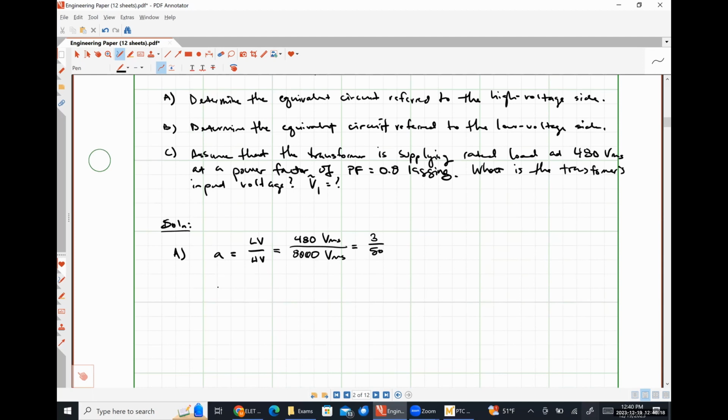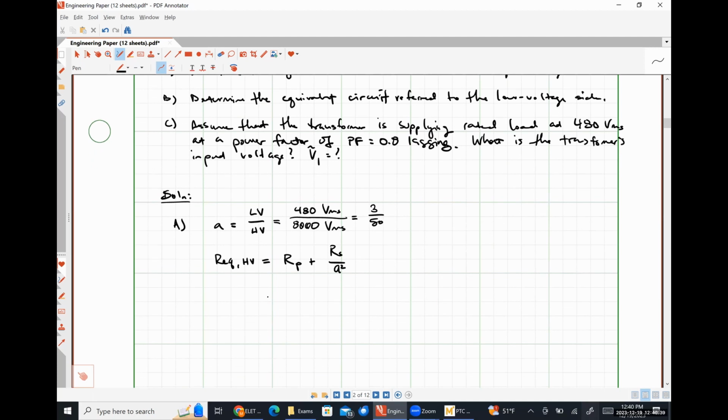From that, the equivalent resistance on the high voltage side is going to be RP plus RS over A squared, which would be 32 ohms plus 50 milliohms times 50 over 3 quantity squared.